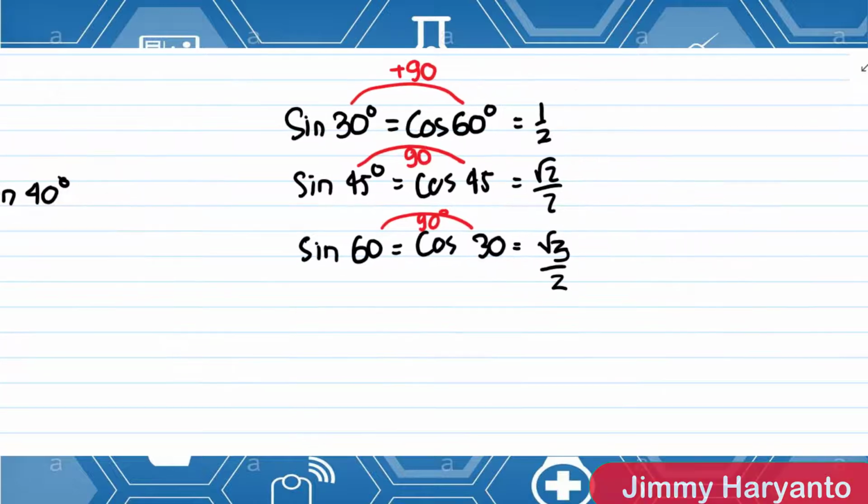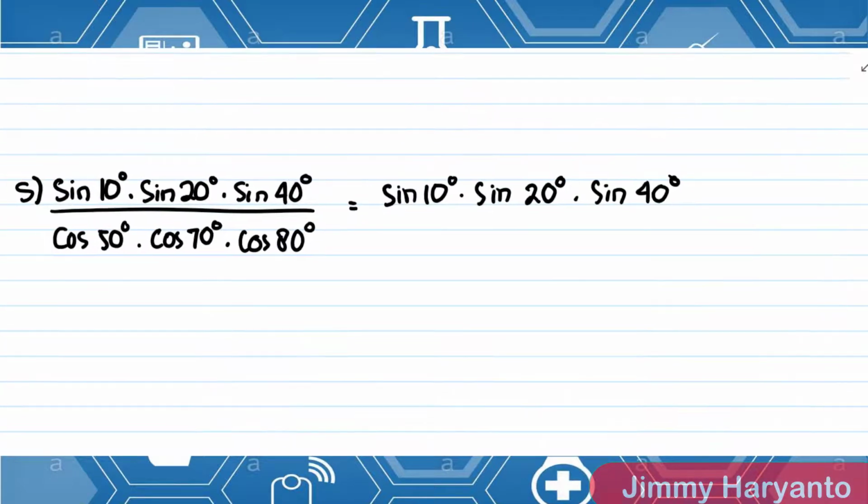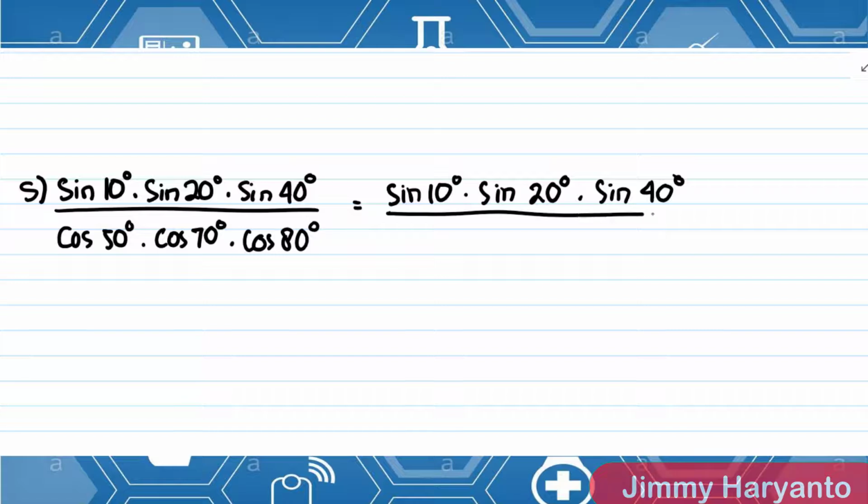From this experiment, we know that when I have two angles that the sum is 90, the value of sine and the cos will be the same. So for example, if I have sine 20 degree, it will be the same with cos 70 degree. Why? Because the sum of the two angle is 90 degree. Yeah, so I can use that to solve this one.